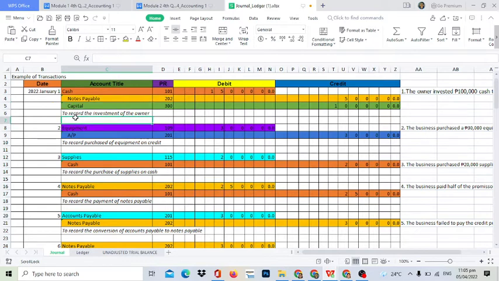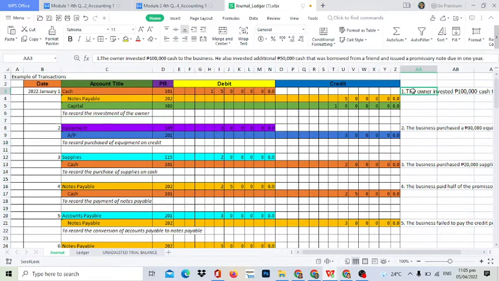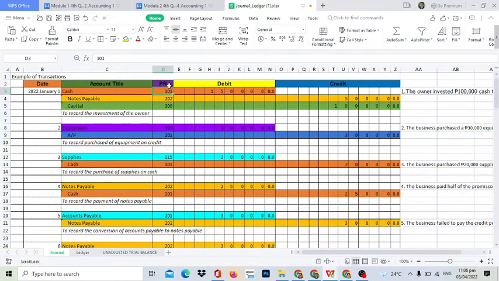Okay? Then yung explanation, makukuha nyo po yan dito sa transaction. Paikliin nyo lang. Like, yan yung number 1, to record the investment of the owner. Okay, another, again, leave one space bago po kayo mag-proceed sa next transactions hanggang sa matapos nyo po yan. And then, after po ng account title, meron pong tinatawag na PR, that's a post reference.